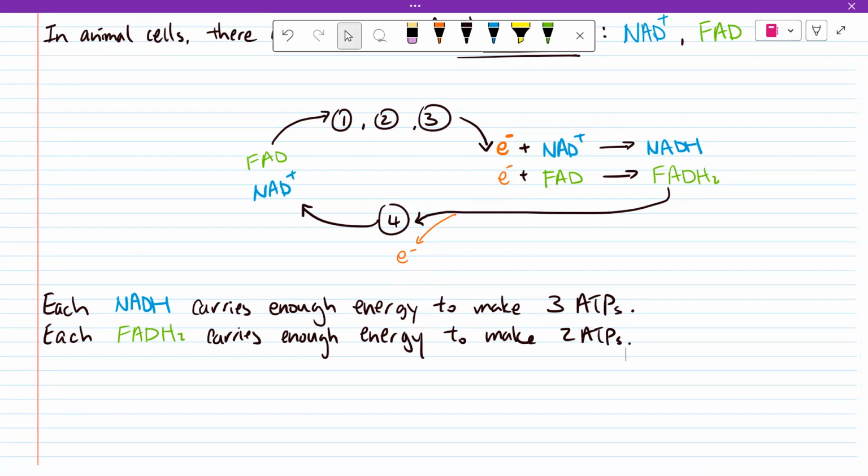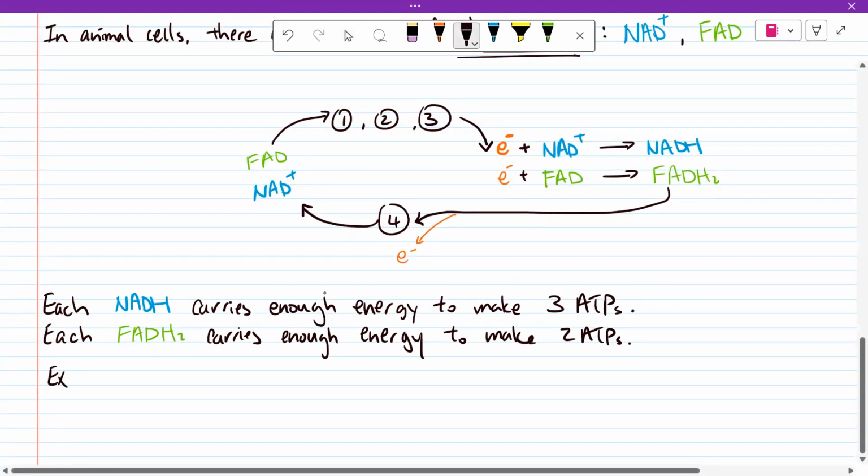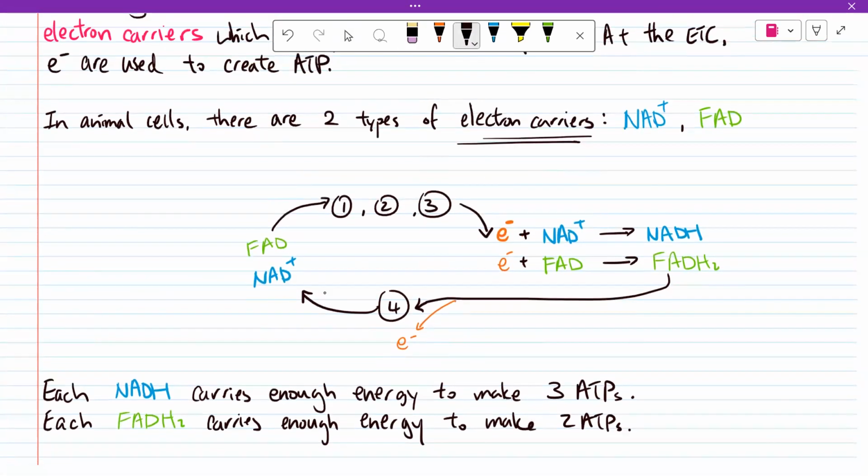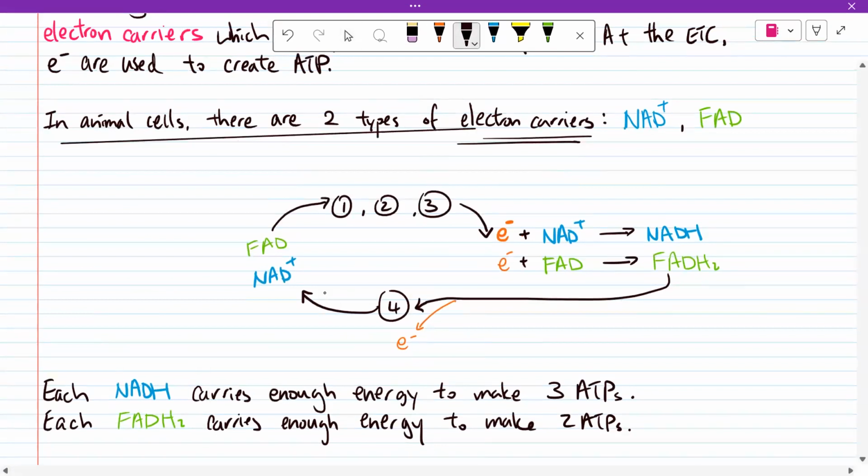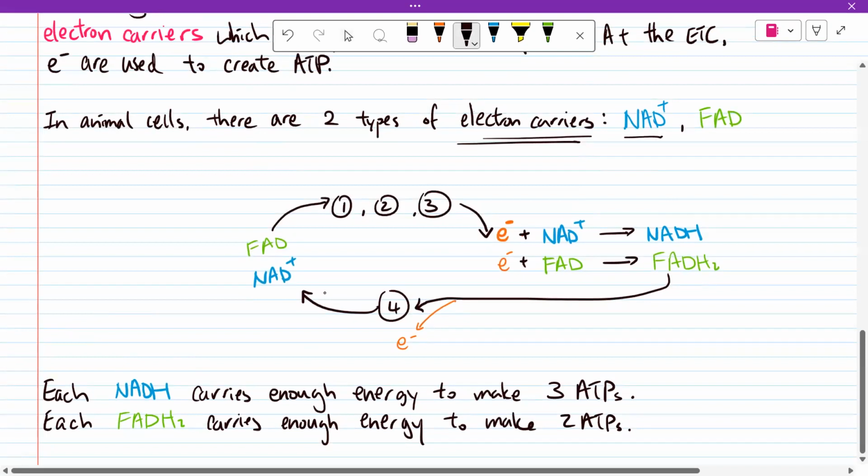All right. Excuse me, Professor. The FADH2 is the second process of NADH? Oh, no, they are different kinds of carriers. In animal cells, there are two types of electron carriers, right? There's NAD plus and FAD. Think of them like a taxi versus an SUV.